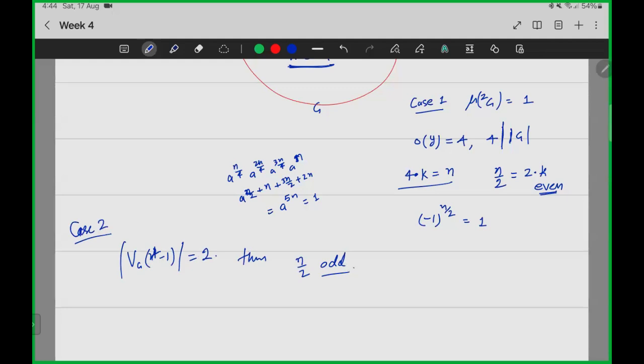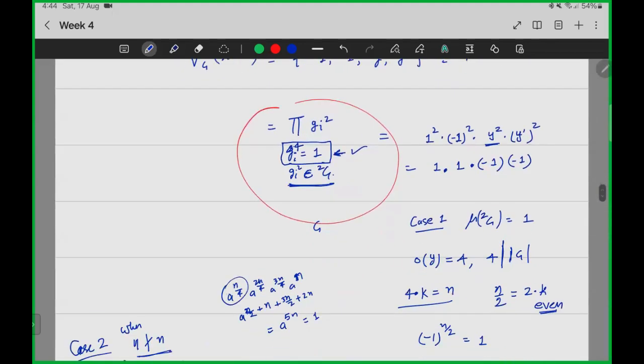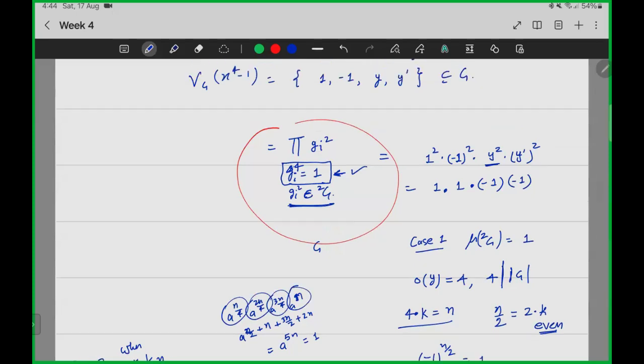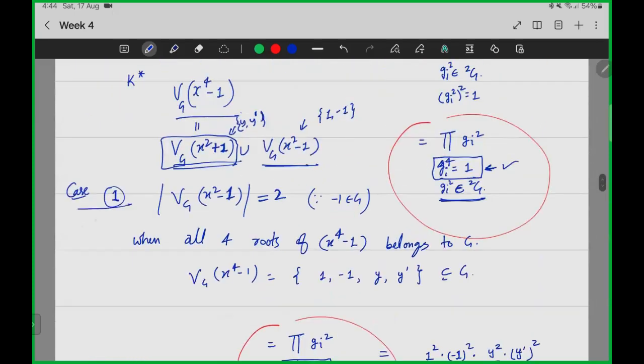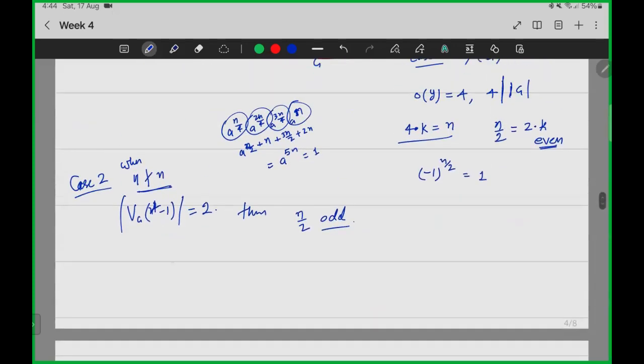When 4 does not divide n. When 4 divides n, we get all 4 roots. This was case 1, when 4 divides n. So n by 2 is odd. Then in this case, minus 1 to the power n by 2 is nothing but minus 1. And what will this be?